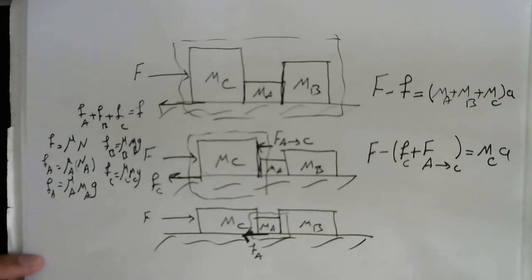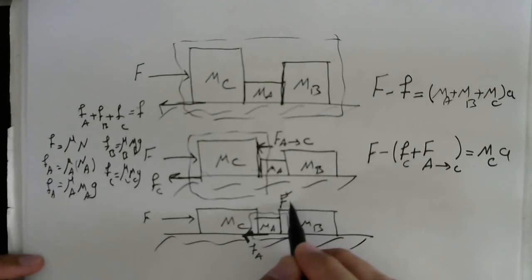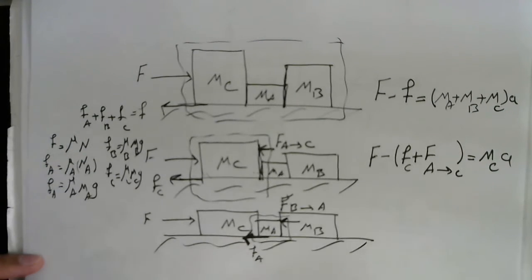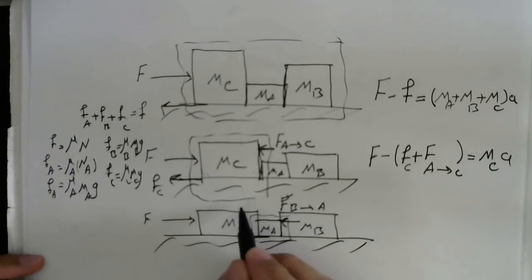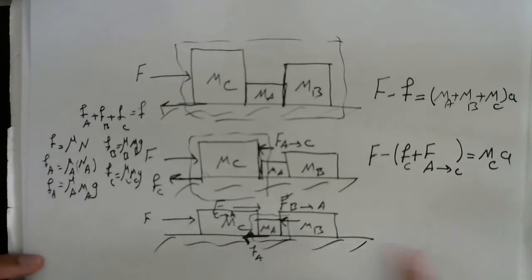So A is the system, then there is a force from B to A, which is in the opposite direction of movement, and there is a force from C to A, which is a driving force in the direction of the motion.